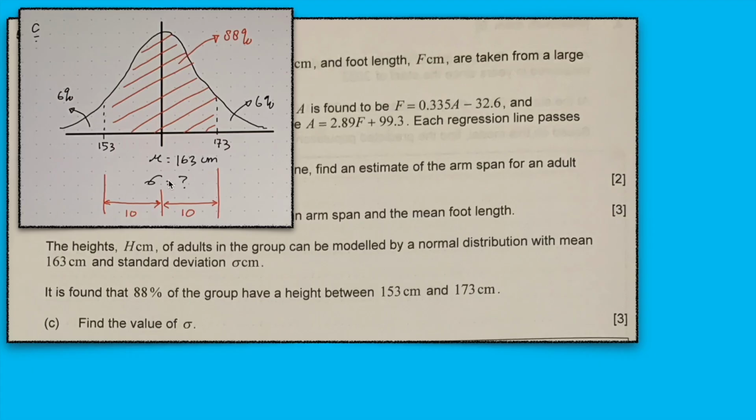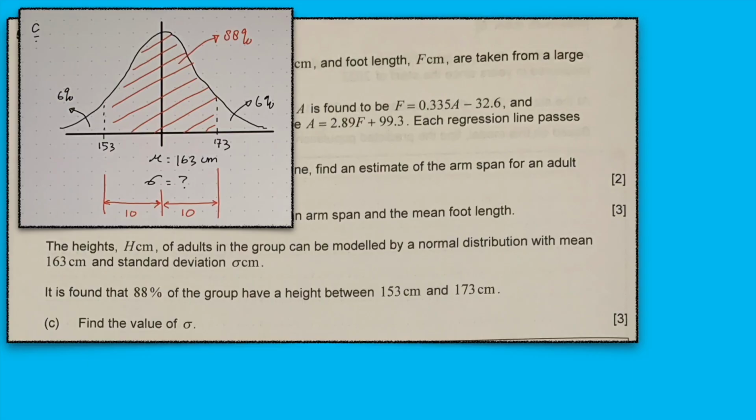And we are given 153 over this side and 173 over that side. Notice that they are symmetrical, because the mean is 163. If we subtract 10, we get 153. If we add 10, we get 173. So this section is symmetrical. And the area is equal to 88%.